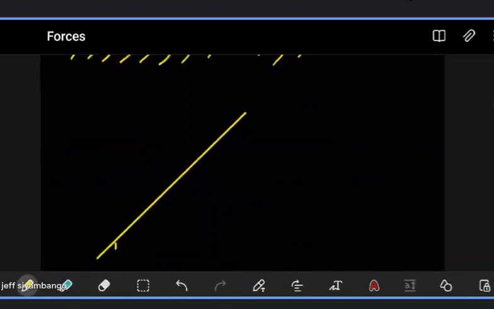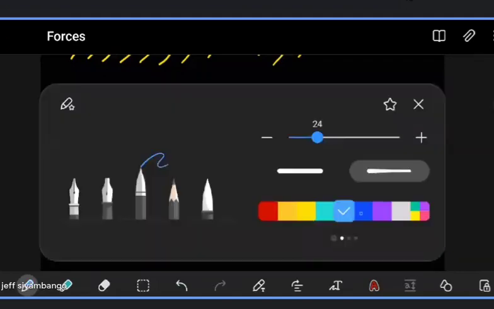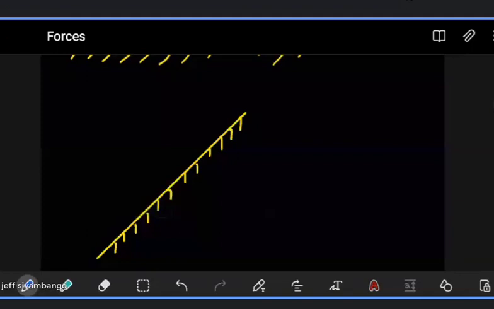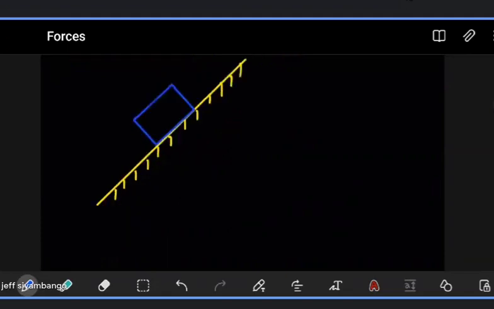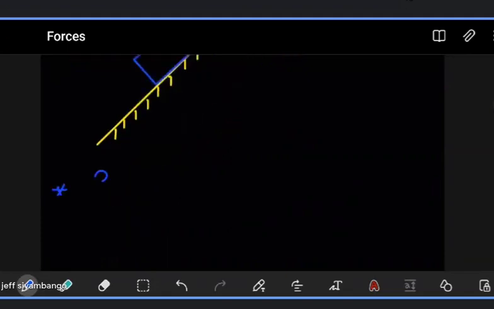So if this is your surface here, and then we have an object on the surface that is like this, and then we are looking for the normal force. So the normal force, remember by description, you have two things.